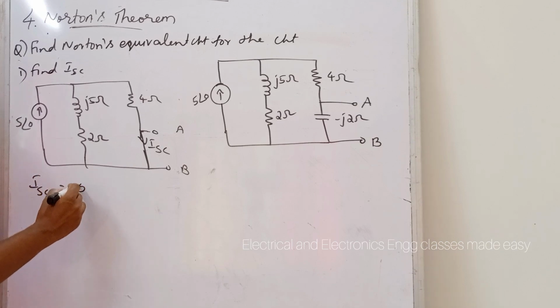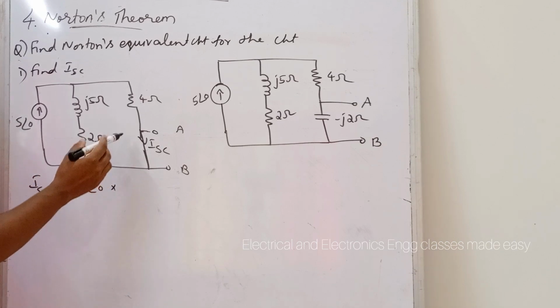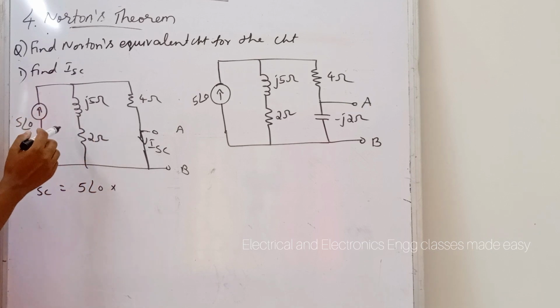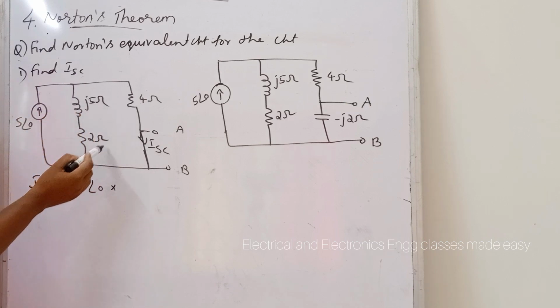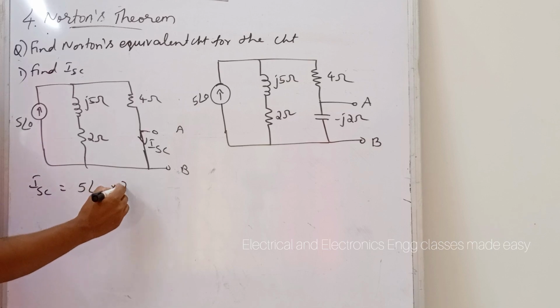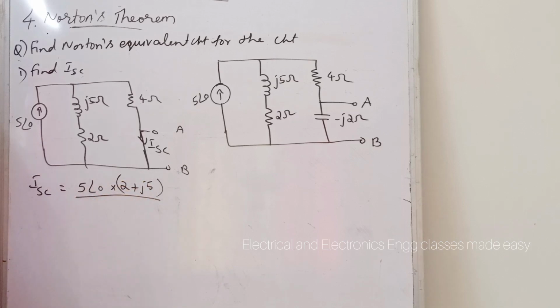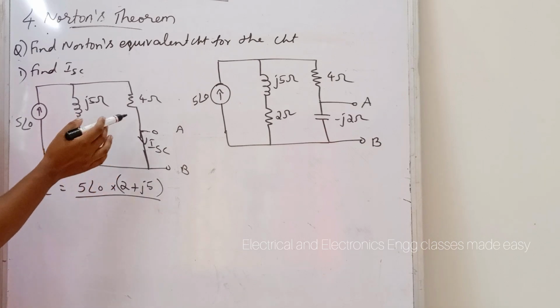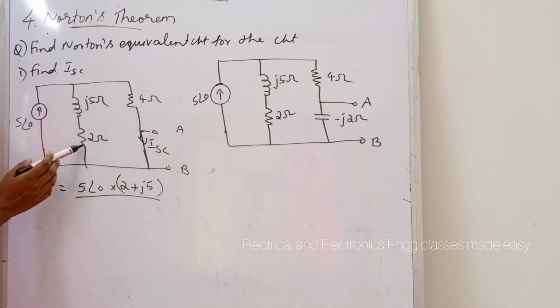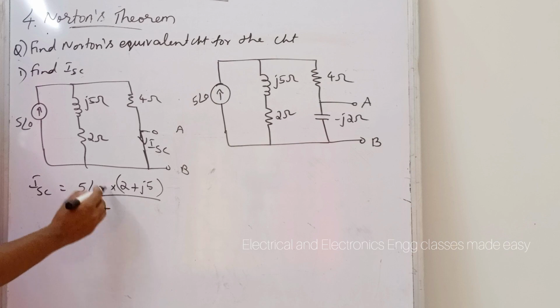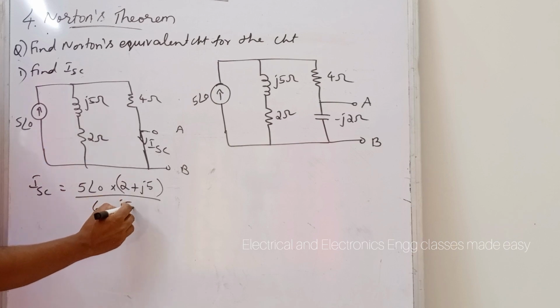That is the total current into the resistance through the other branch, that is this impedance, 2 plus J5, divided by the total resistance. Here the total resistance is 4 plus 2, that is 6 plus J5.